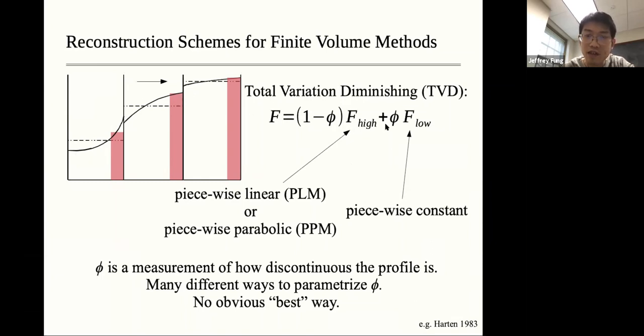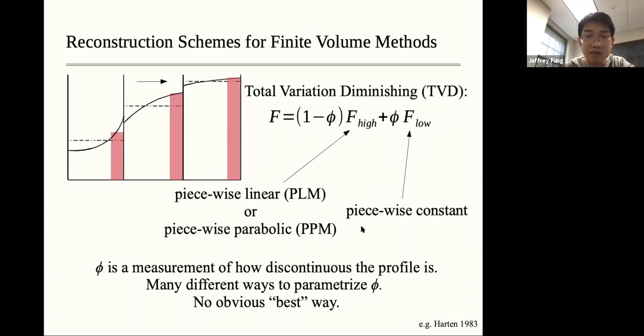And then you do a linear combination of that with something that would guarantee that your total variation is diminishing, like piecewise constant, which is just taking the cell average value as your piecewise function.